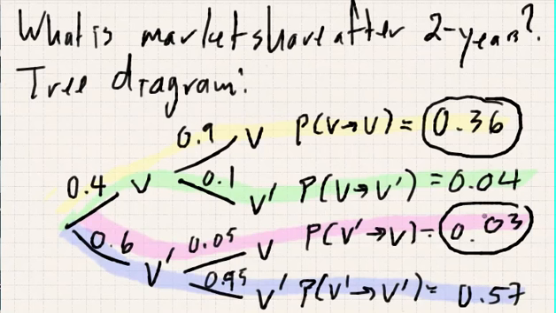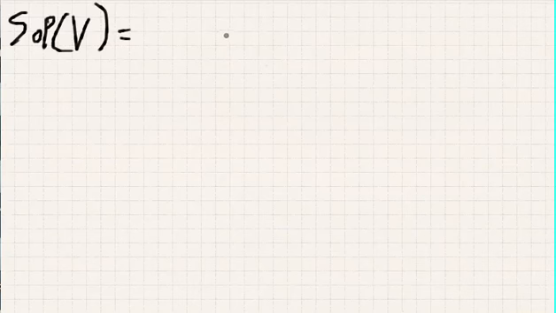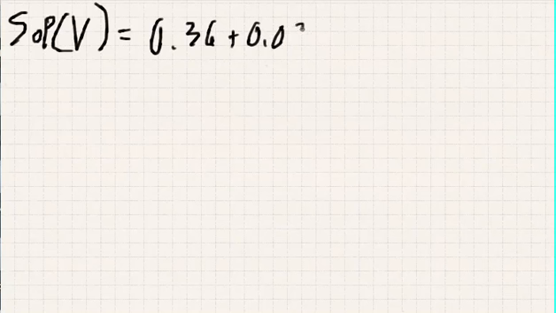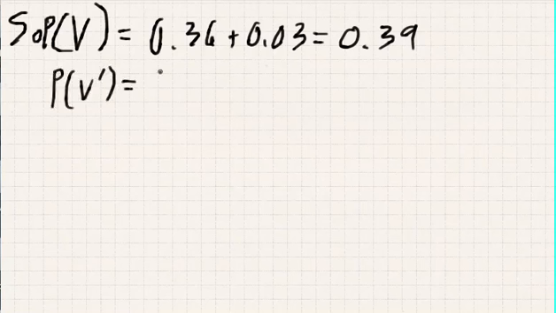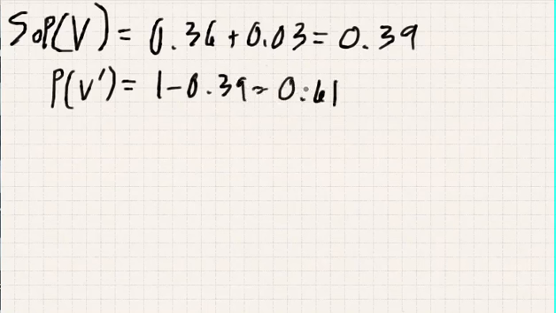Well, we add up the ones that have people ending up in Verizon. So the probability that you have Verizon after 2 years is going to be 0.36 plus 0.03, which is 0.39. The probability you don't have Verizon, I could just take 1 minus 0.39, which is 0.61, but I could have added that up from the tree.